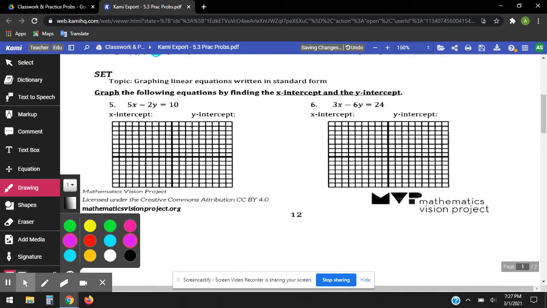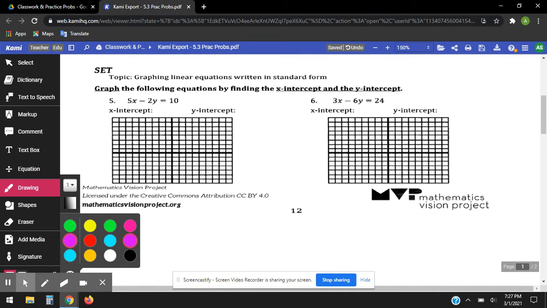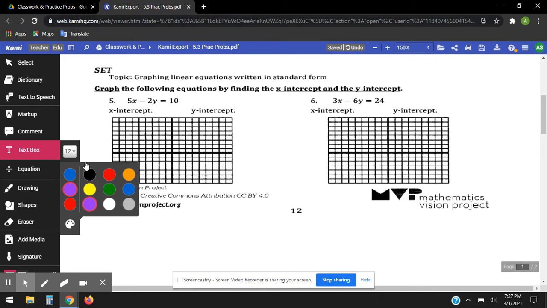All right, next one, graph linear equations written in standard form. Notice if I put a 0 in for y, that gives me my x-intercept. If I put a 0 in for x, it gives me my y-intercept. So let's see what we got here. I'm going to start with the x.